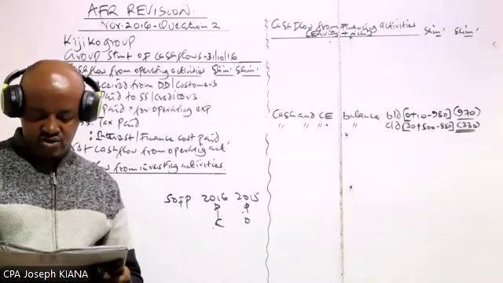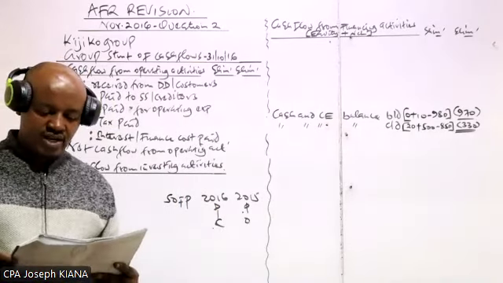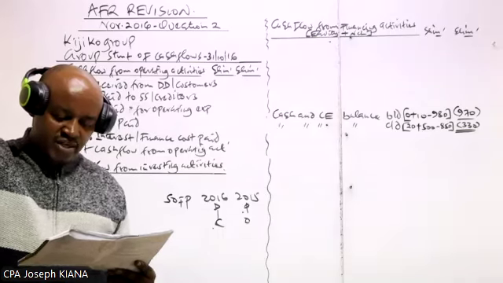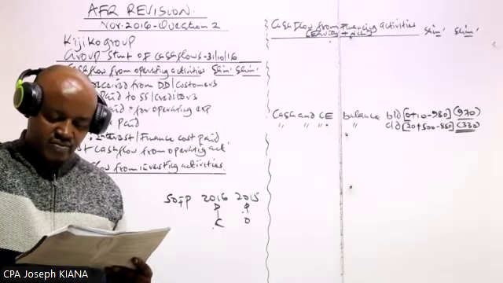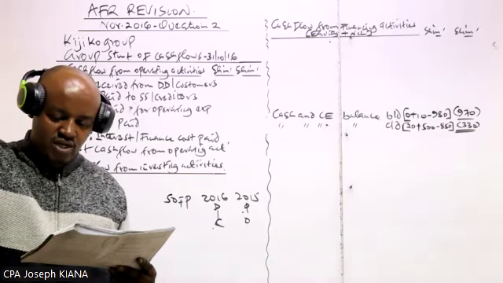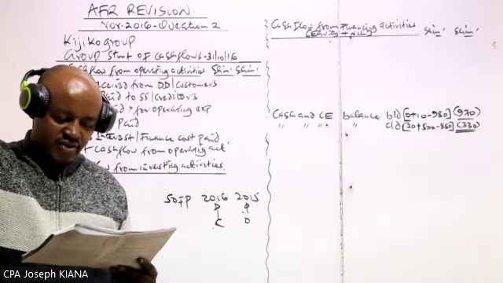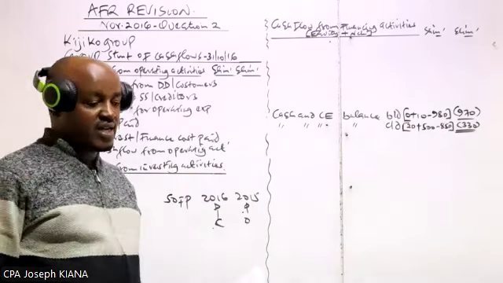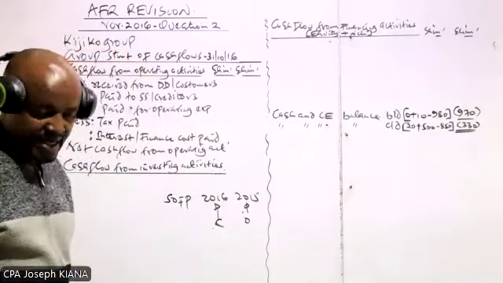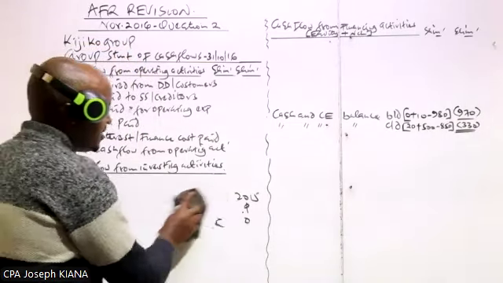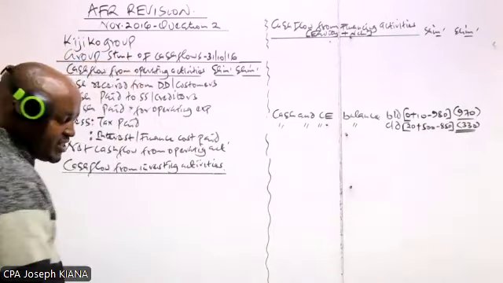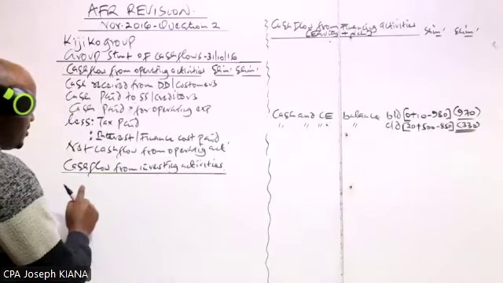So let's do that. In note number 1, we are told an item of plant with an original cost of 850 with a net book value of 450 was sold for shillings 320 million during the year. In this case, we said anytime the company sells an asset, that is an investing activity. And the cash which was received, you record it here.